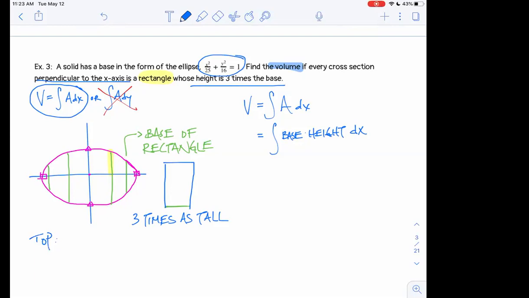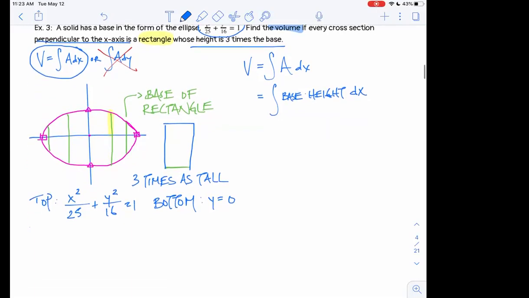Yeah, it's going to be the ellipse equation. So let's write that out. All right. And the bottom equation is going to be y equals 0. Okay. So in order to find that height, what I need to do in this ellipse equation is I need to isolate y.